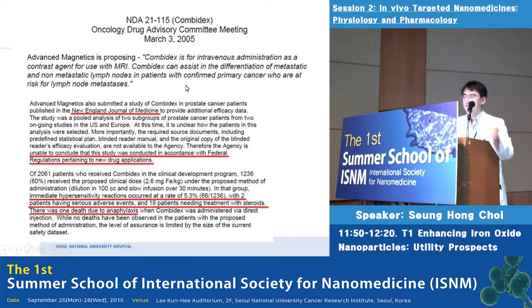Even though their study was reported in NEJM, Combidex, the commercial name of USPIO in the USA, was finally rejected by the FDA because the FDA did not believe that the authors followed the federal regulation for the enrollment of patients, and there were several kinds of severe side effects, such as hypersensitivity, and even one patient passed away because of a very severe side effect, anaphylaxis.